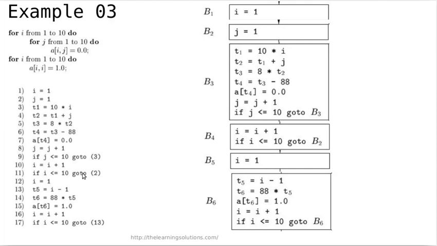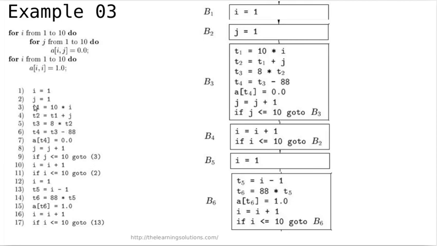So in this way 1, 2, 3 new blocks I have identified, plus the initial block started by the very first statement of the given 3 address representation. So B1 holds the very first statement, then because of this go to 2 we have created statement 2 as a new block, and that new block doesn't contain any other statement followed by it, just because we have one more leader, go to 3.